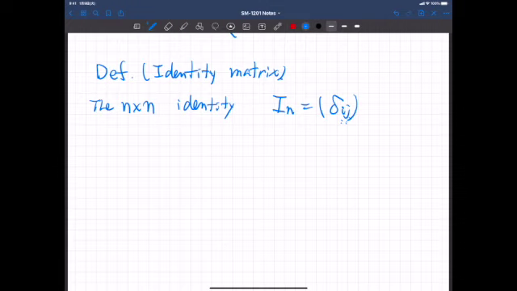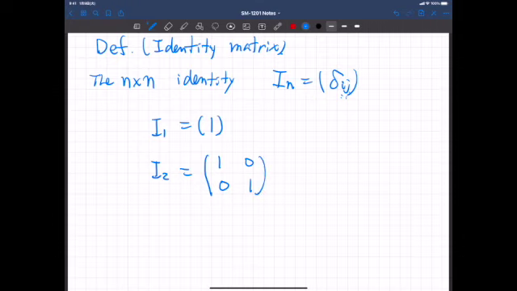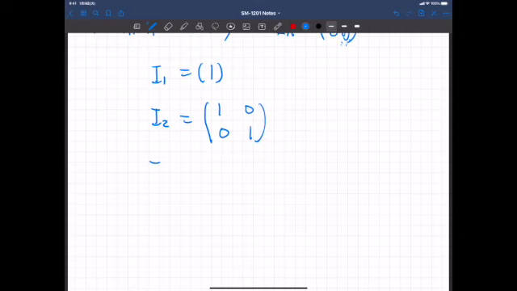So here are some examples. I_1 is the 1 by 1 identity matrix, which is just 1 because there's only one element. I_2, which is a 2 by 2 matrix, is 1 0 0 1. And I_3, which is a 3 by 3 matrix, is 1 0 0, 0 1 0, 0 0 1.